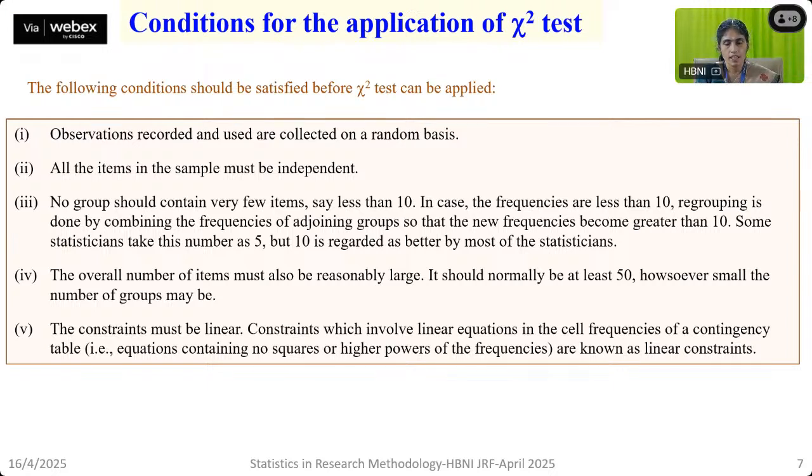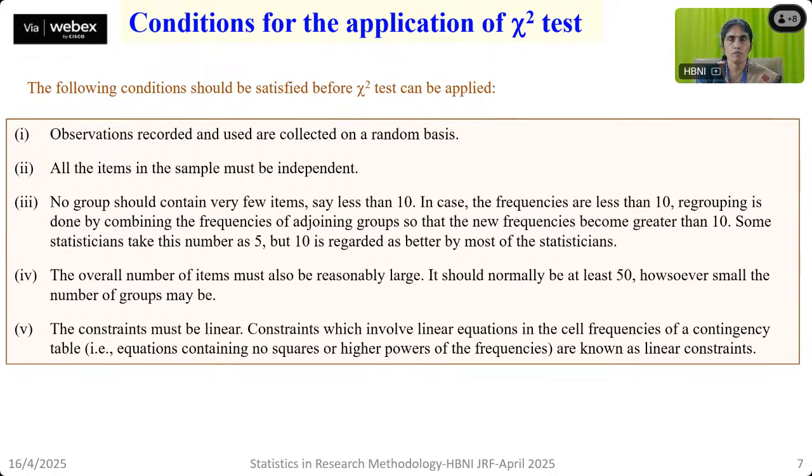And generally, when we apply the chi-square test, the presumption is that the number of frequencies or the data points is larger than 50, and each class or each interval on the horizontal axis has a minimum of 10 data points. If in certain cases you find only 5 or fewer data points, what we do is club together adjoining groups and make the frequency larger than 10, so that the presumptions become valid for the specific case.